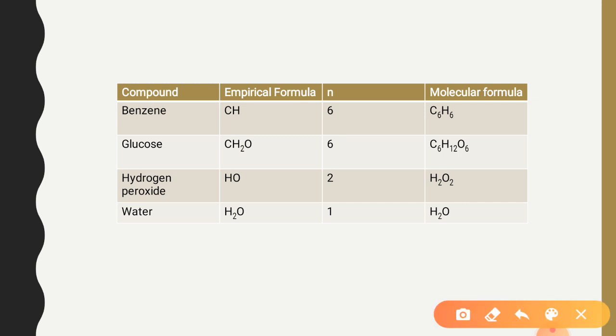The last one is water, H2O. In the case of water, empirical formula is equivalent to molecular formula. How? Because n is equal to 1. Again I am showing the sign of multiplication. If you multiply the empirical formula of water with 1, then you will get the same molecular formula, which is equivalent to its empirical formula.